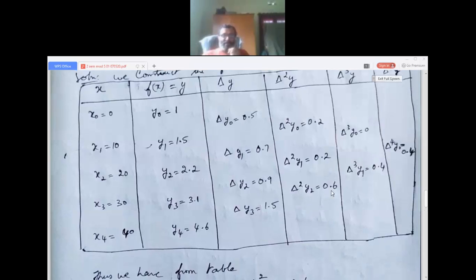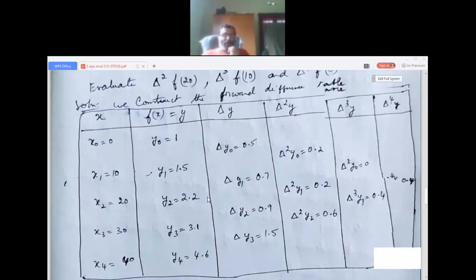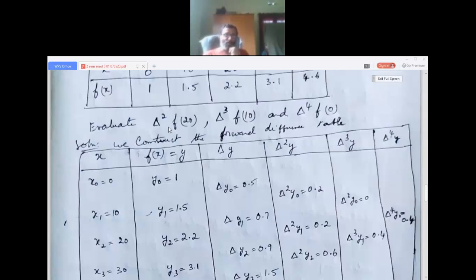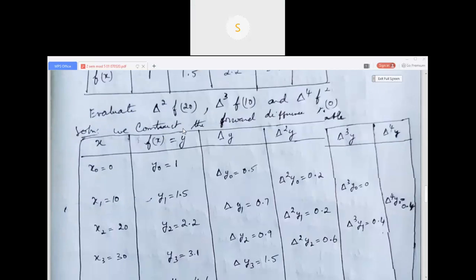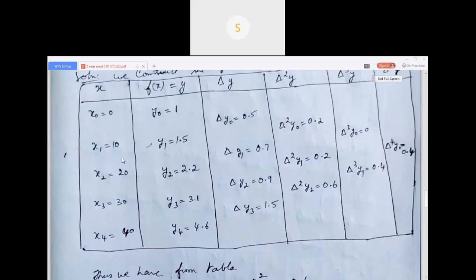Again, I will go through how to find the given unknowns from the table. After drawing the table, there is no doubt in the table. We have to find del squared f of 20. Del squared f of 20 means x2, since we named them x0, x1, and 20 is x2.